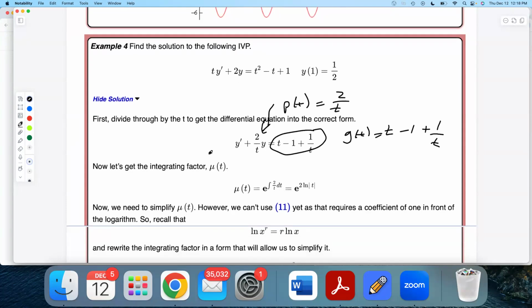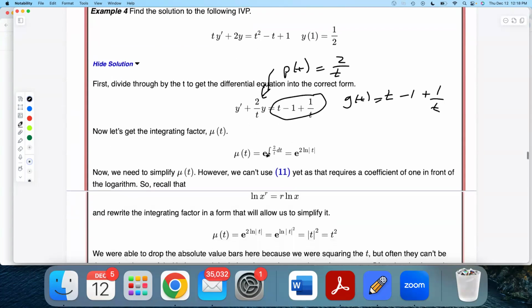Okay, so we've got this in our standard form. Then the integrating factor is always e raised to the antiderivative of this guy, not with the y, just the stuff sitting in front of the y. So e raised to the antiderivative of 2 over t dt. That antiderivative is just 2 times natural log absolute value of t.